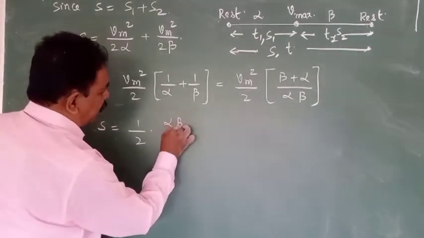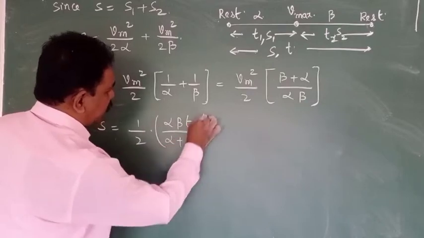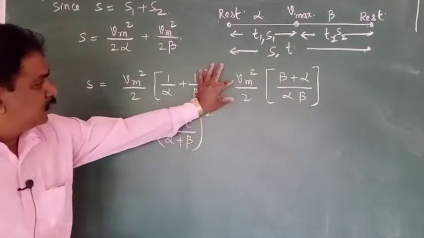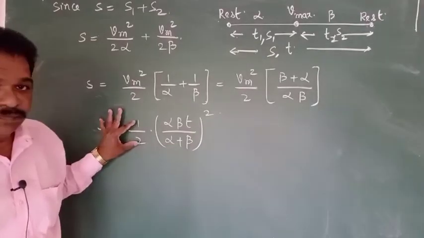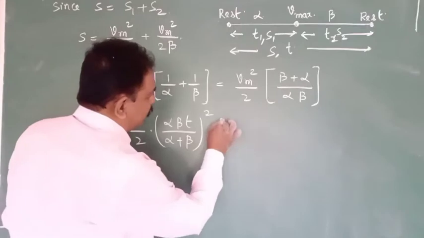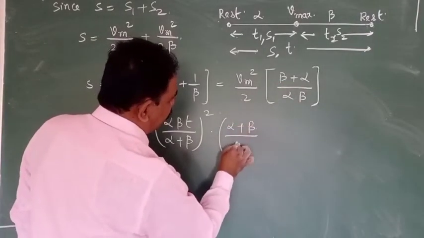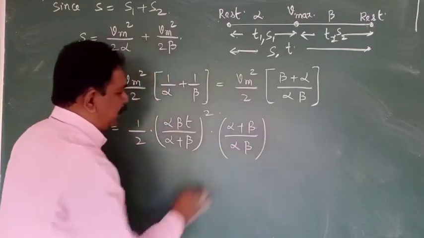So alpha beta t by alpha plus beta whole square, times 1 by 2, and beta plus alpha is the same as alpha plus beta, by alpha beta.